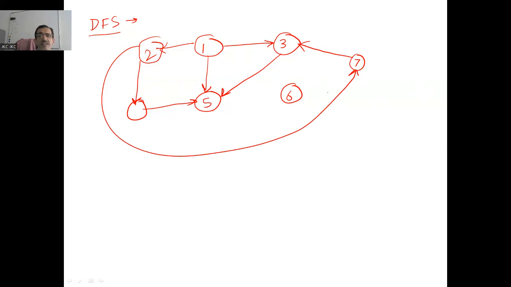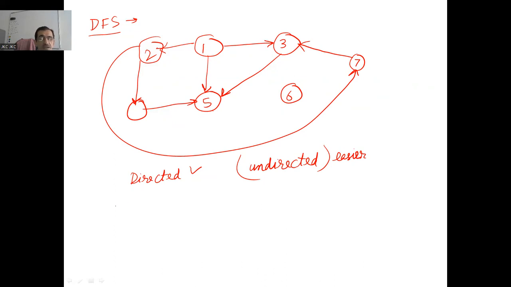So anything like this connected, and 6 I am keeping intentionally unconnected so that we know how to handle this. By default, I am taking the directed graph, but if you know how directed graphs work, undirected will be even easier because all those things will be similar, plus easier. And if you know directed, easily you can write for the undirected.